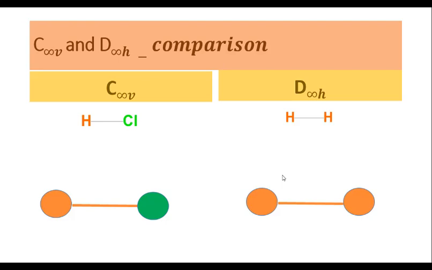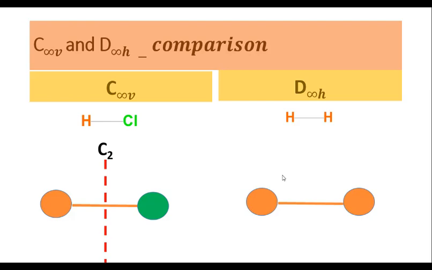Next, you will find an axis perpendicular to the bond axis in between the two atoms, hydrogen and chlorine, in between the two spheres, the brown sphere and the green sphere. There will be an axis perpendicular to the bond axis, which is C2. Is it present?